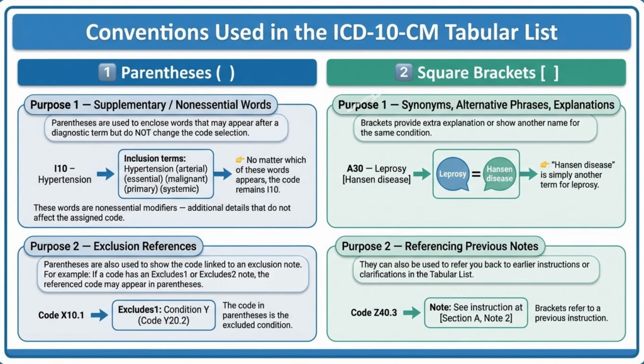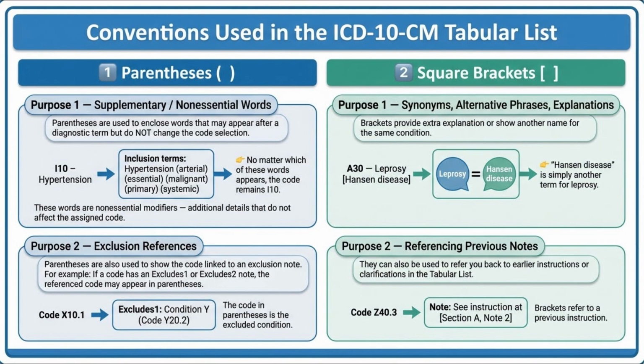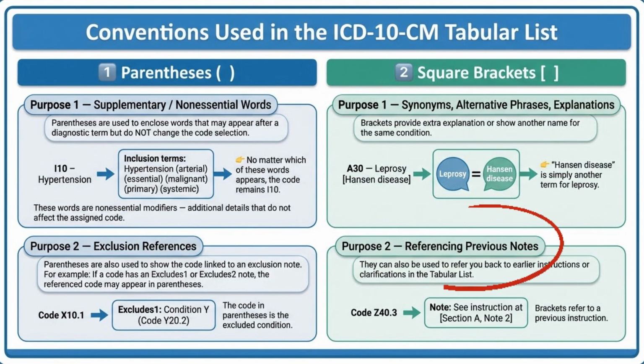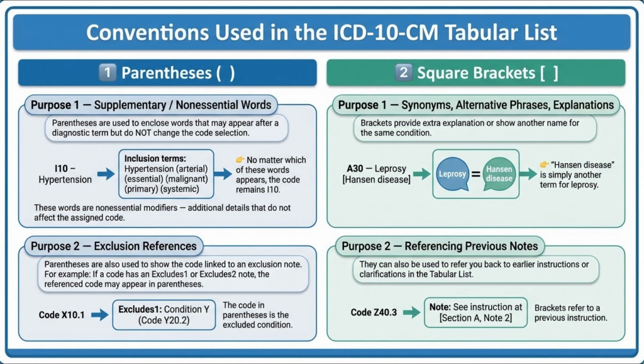Square brackets show synonyms or explanations. Example, A30, leprosy, Hansen disease. Same condition, different name. Brackets can also point you back to earlier instructions. So remember, parenthesis equals extra words plus exclusion references. Brackets equals synonyms plus coding notes.